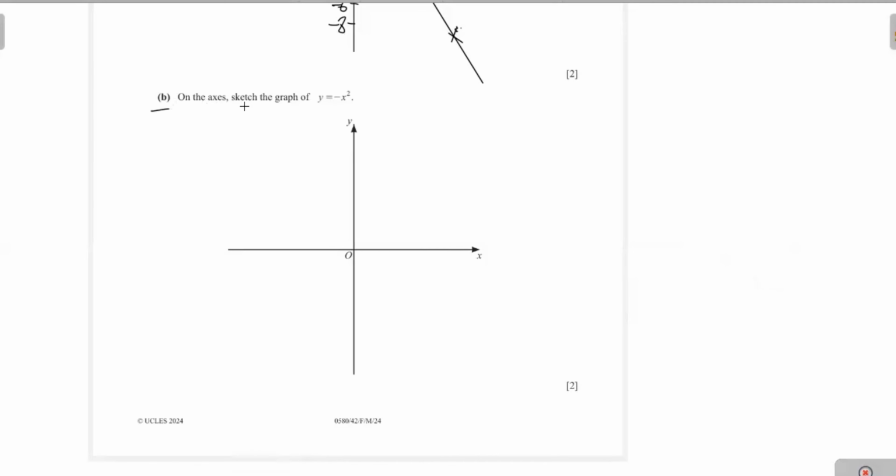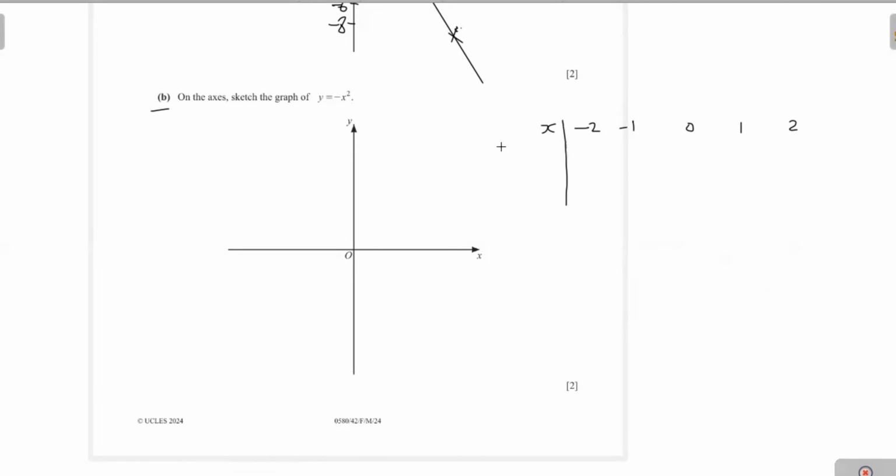Next is part B. On the axis, sketch the graph of y equal to minus x squared. To draw the graph of y equal to minus x squared, we will take some values of x: 0, 1, 2, minus 1, minus 2.